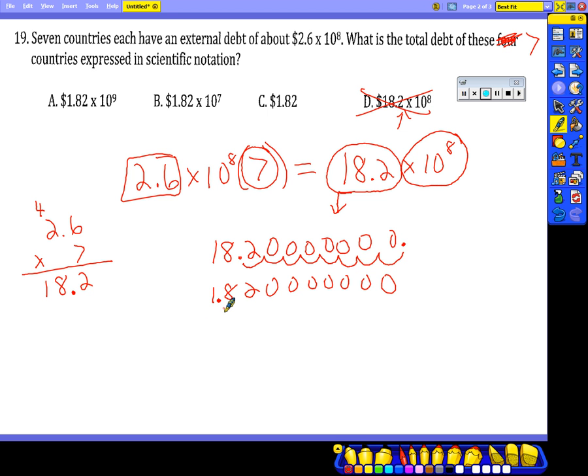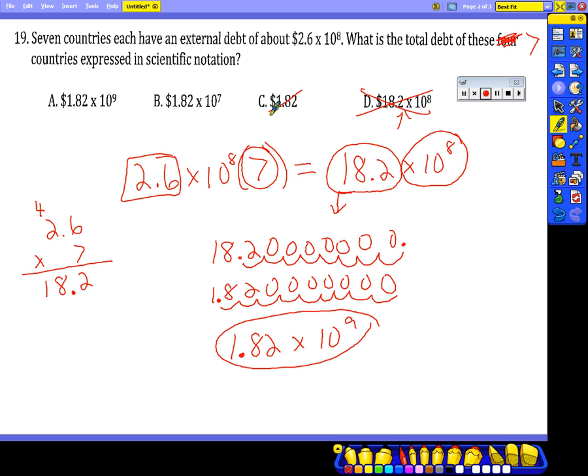And I'm going to find out how many decimal places I would have to move it to get it back to its standard form. So I count it up, and it is a total of 9 places. So the correct answer, 1.82 times 10 to the 9th power, is correct.